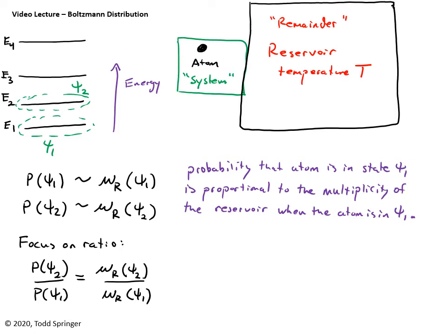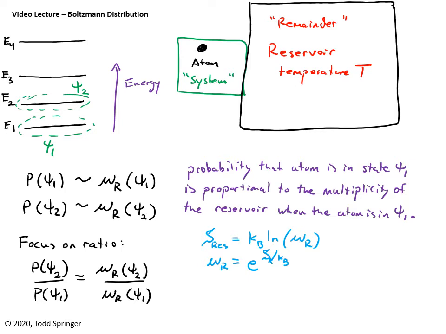However, now we can make a connection to entropy, because we remember that S of the reservoir will be equal to KB natural log omega of the reservoir, right? So omega of the reservoir is equal to e to the S divided by KB, entropy of the reservoir.